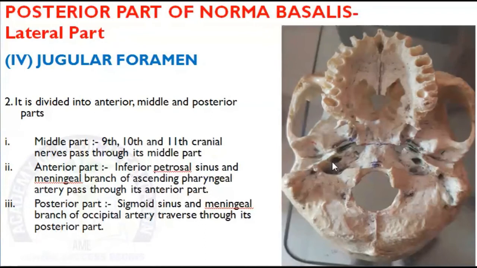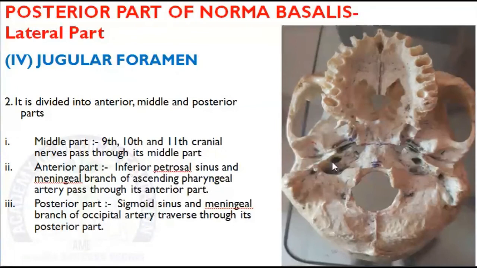It is divided into anterior, middle and posterior parts. The middle part transmits the 9th, 10th and 11th cranial nerves. Through the anterior part pass the inferior petrosal sinus and the meningeal branch of the ascending pharyngeal artery.